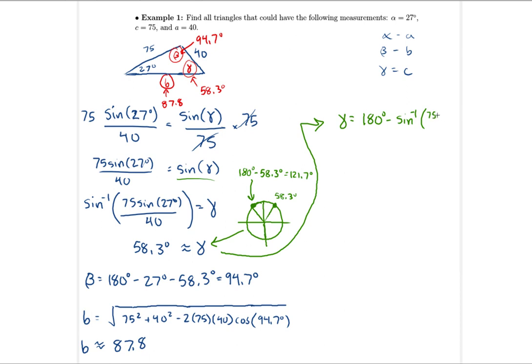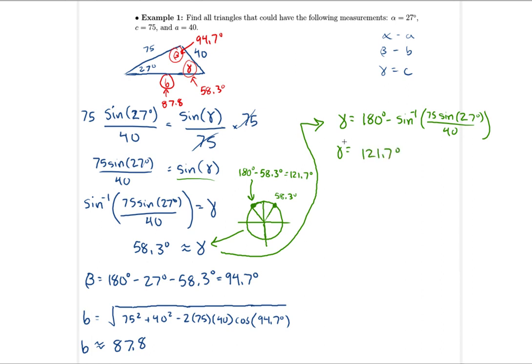And just as a reminder, we're in degree mode, and you'll be in degree mode anytime you're working with these problems where you're solving triangles. That gives me my 121.7 degrees.